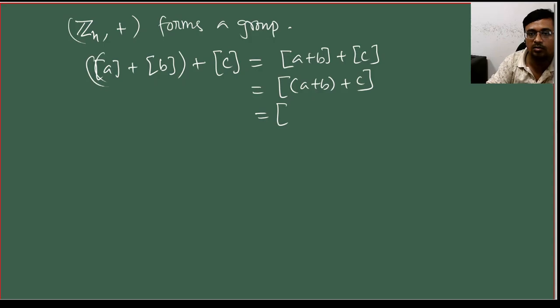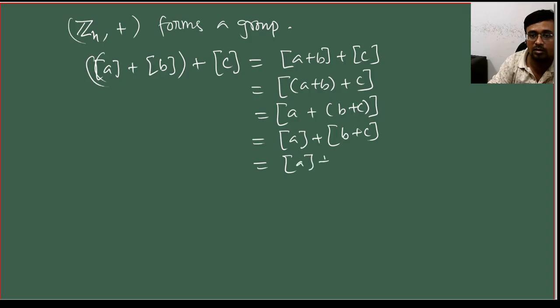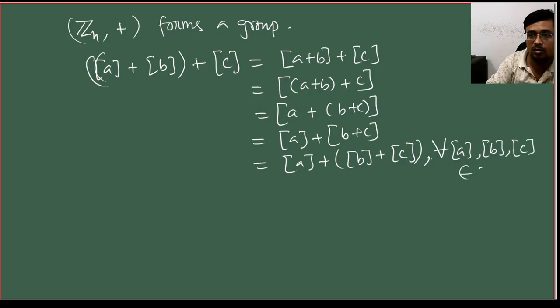Now within this bracket we have the usual addition of integers, which is associative. So therefore I can rewrite it as a plus b plus c. So this happens for all a, b, c belongs to Zn, right?